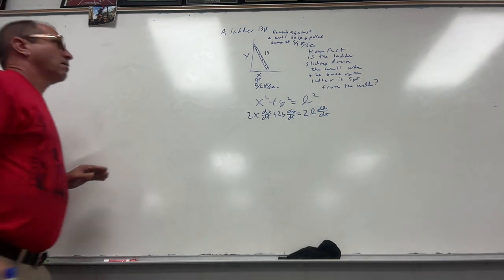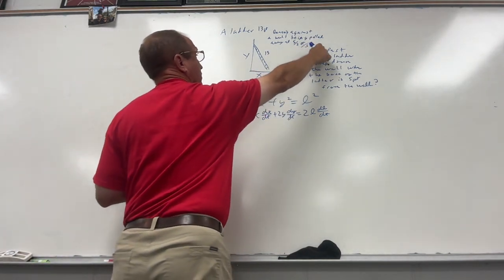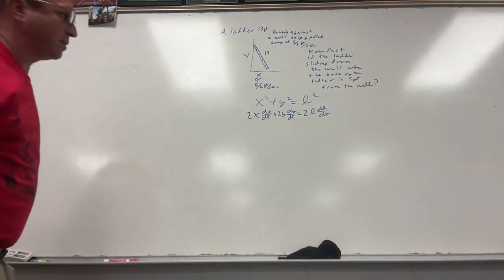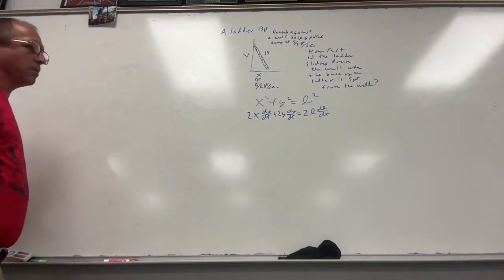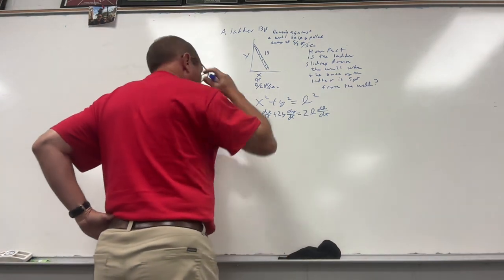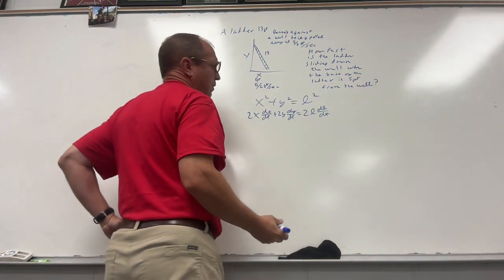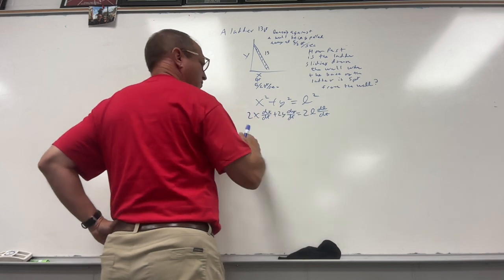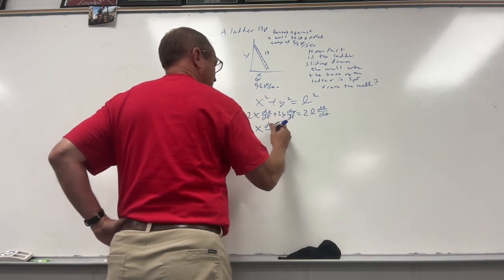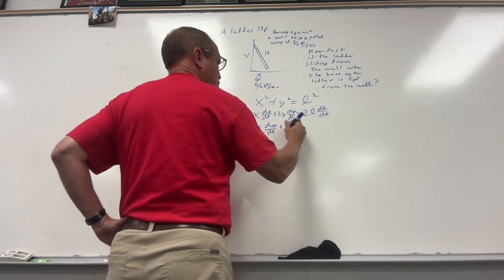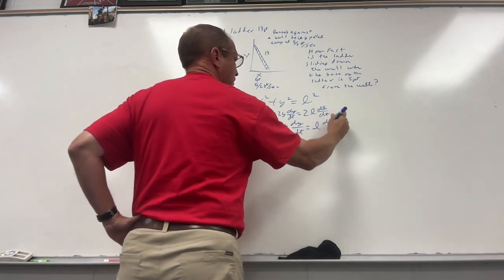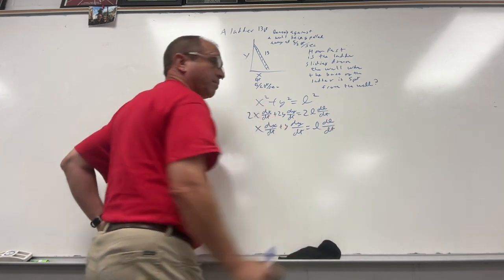Again, our denominator is second, so everything is with respect to time. That's the reason we have the dt in the denominator. T is not a variable in the problem, but it is a variable when we do the related rates with it. At this point, the 2's in common everywhere, so I'm just going to take that out. So I have x dx dt plus y dy dt equals L dl dt.